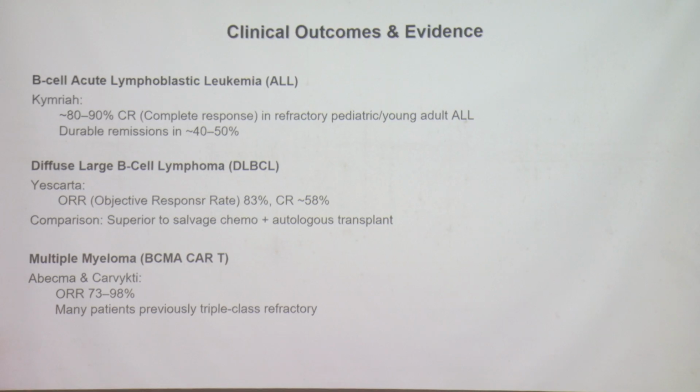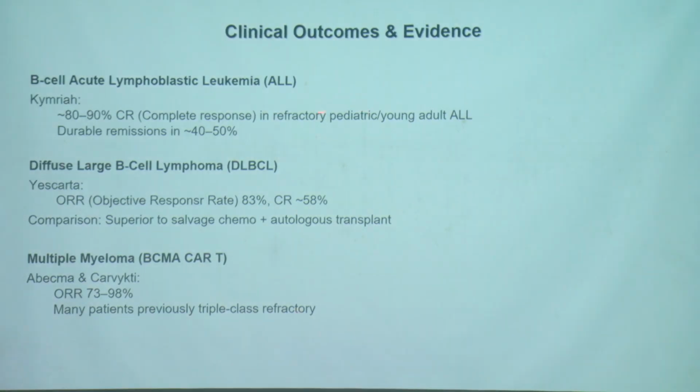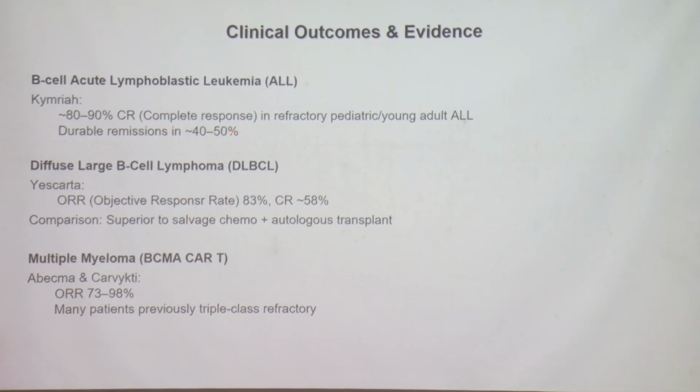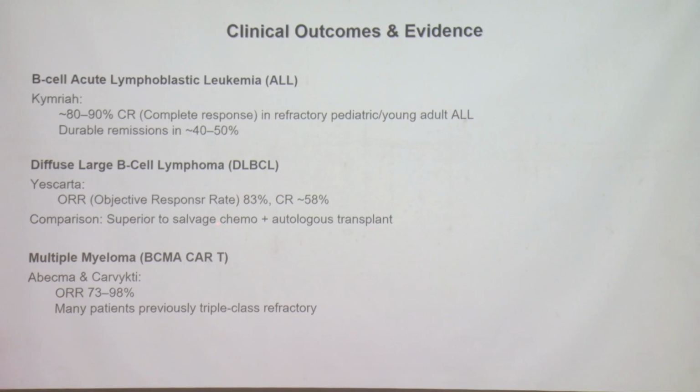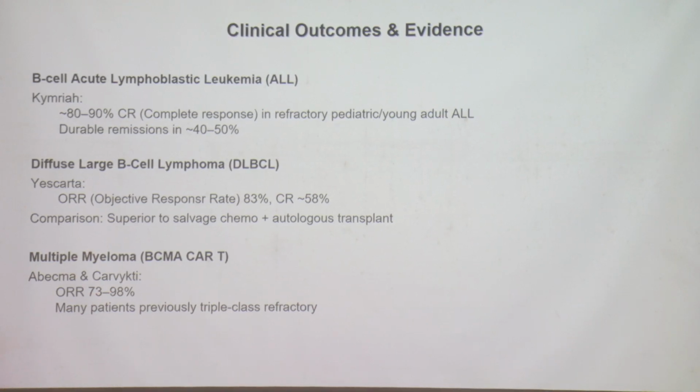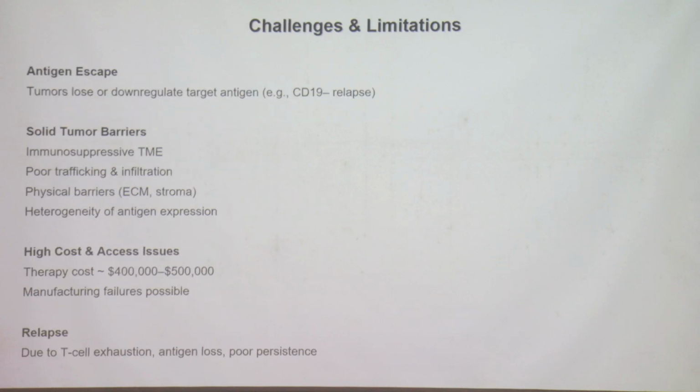It's a fantastic response in refractory pediatric and young adult patients. And then durable remission is 40 to 50%. In this one, 83%, superior to salvage chemo and autologous transplant. Multiple myeloma, 73 to 98%. So it's really effective.